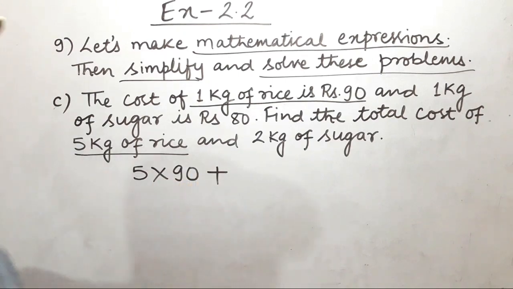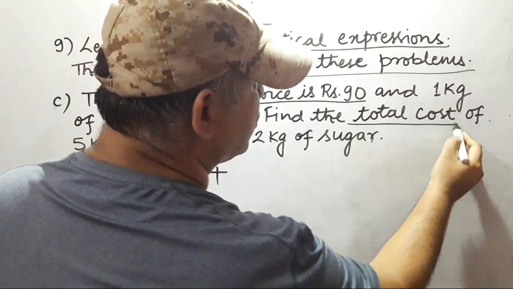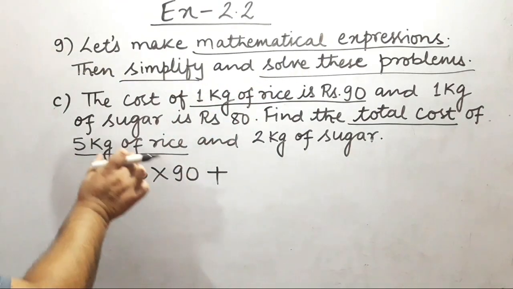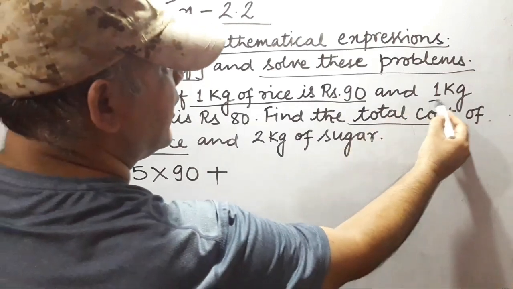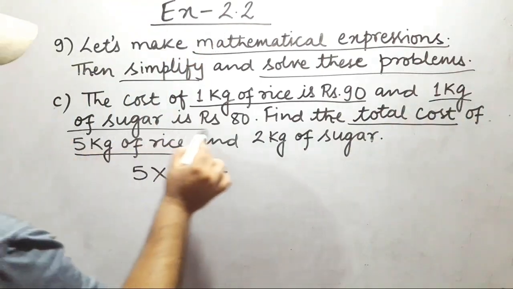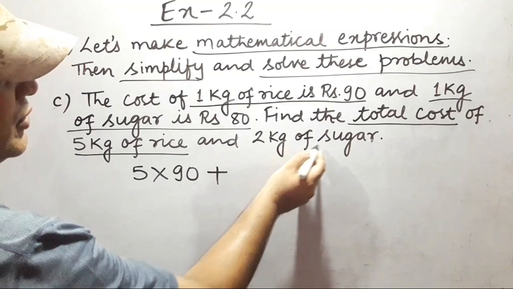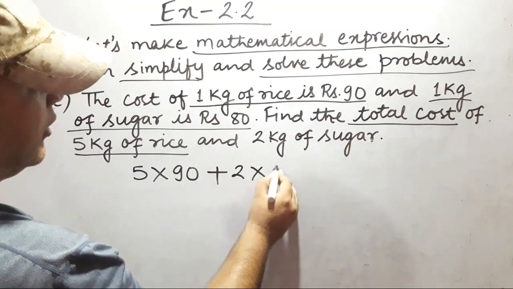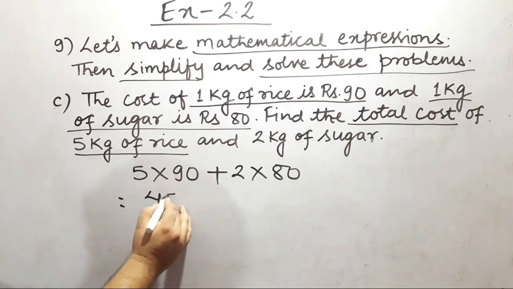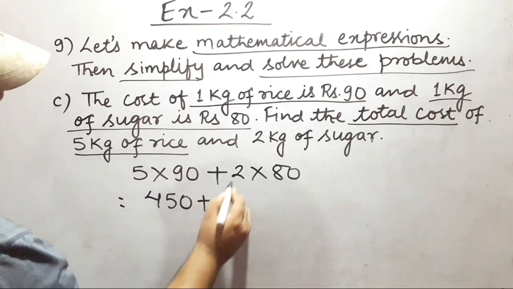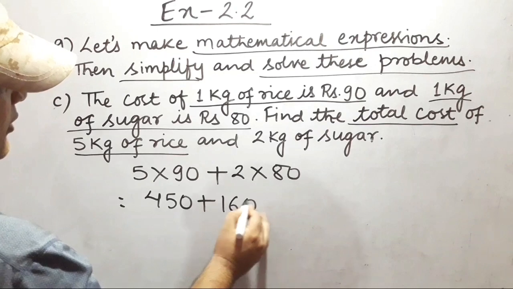We have to do plus, since the question tells us to find the total cost, so we should add the cost of 5 kg of rice and 2 kg of sugar. 1 kg of sugar is rupees 80, so 2 kg of sugar would be 2 into 80.